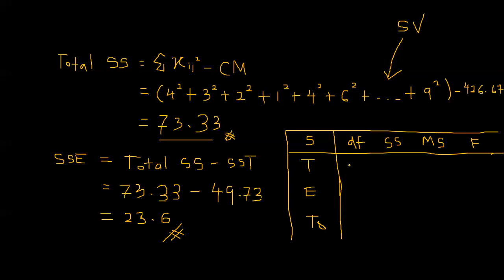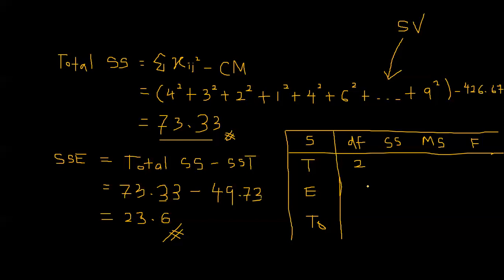So how to get the degree of freedom for treatment? To get the value of degree of freedom for treatment, the K minus 1, or the treatment minus 1. So we have 3 treatments, so minus 1. So we will get the degree of freedom for treatment is 2. So how to get the degree of freedom for error?